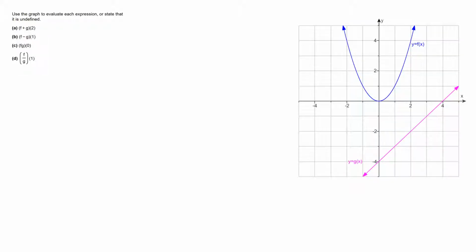Alright, so on part A, they want me to find f plus g of 2. F plus g of 2 is the same thing as f of 2 plus g of 2. So we want to find f of 2.